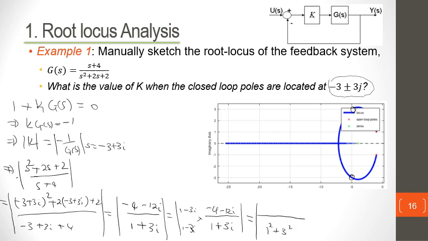On top it gives us -4, and then minus 12i plus 12i, times that minus 36, which gives us, at the bottom it's 10, this cancels that, minus 36 minus that minus 40, which means we can therefore say the value of K is equal to 4.